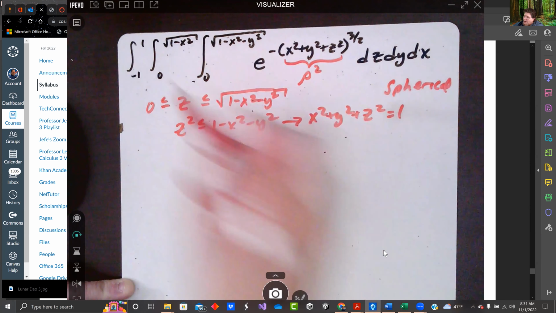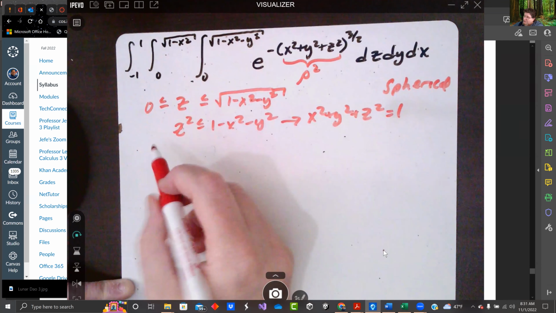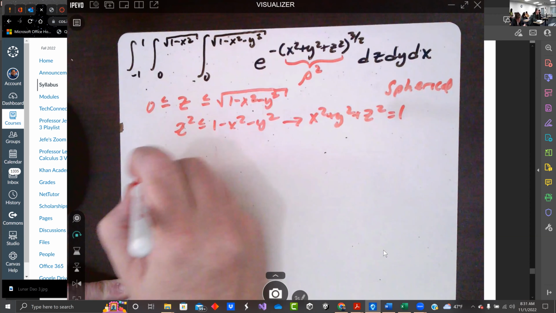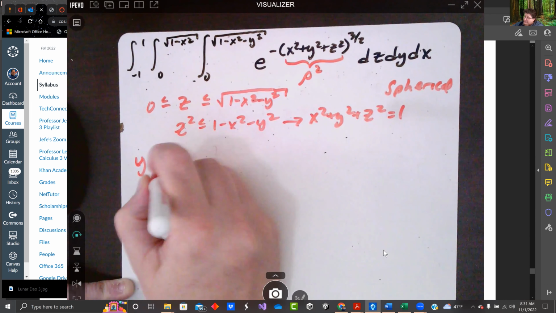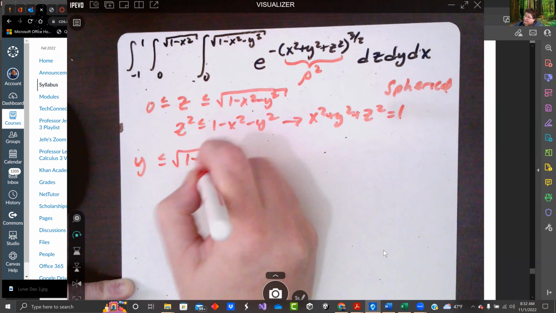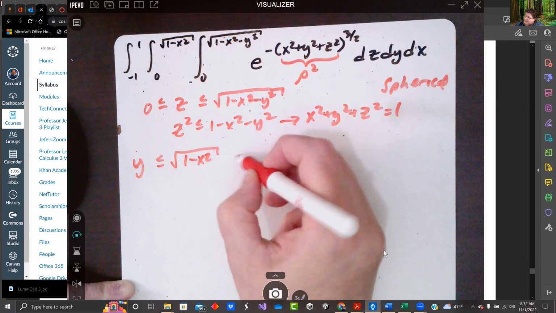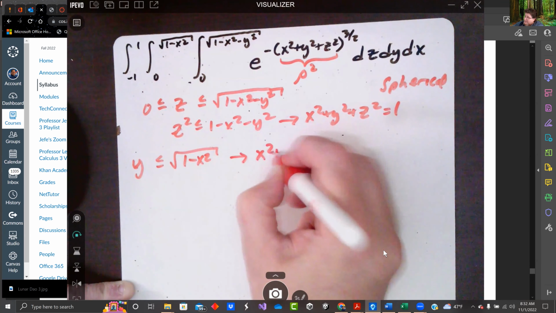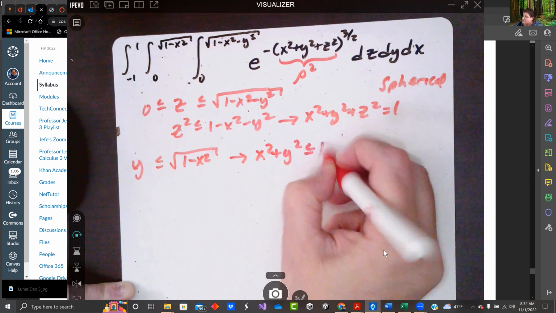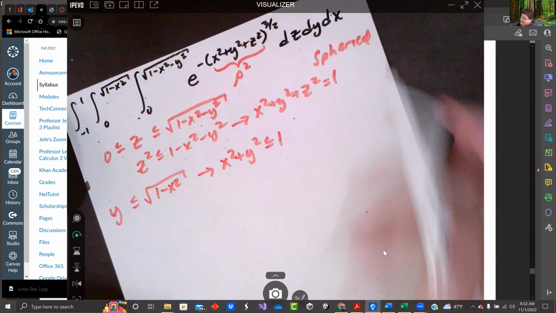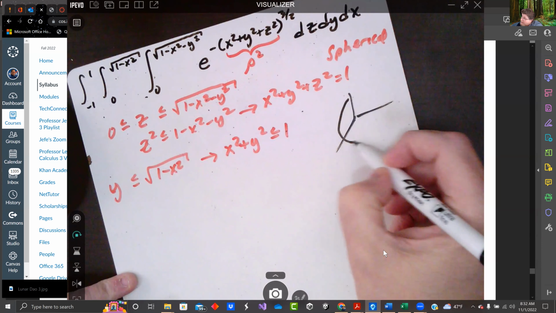When we look at dy, y is greater than 0, right? And y is less than the square root of 1 minus x squared. So we square both sides. This gets us x squared plus y squared is less than 1. Does that match what we were doing earlier? We have a sphere.